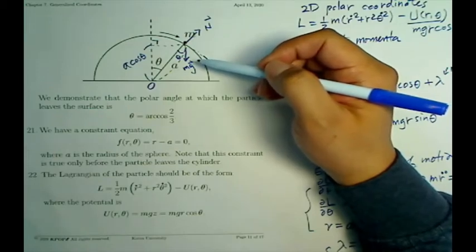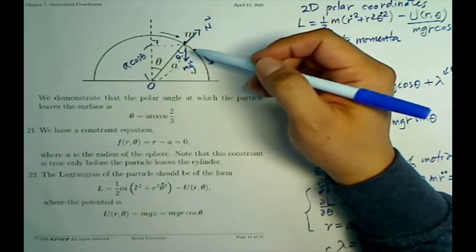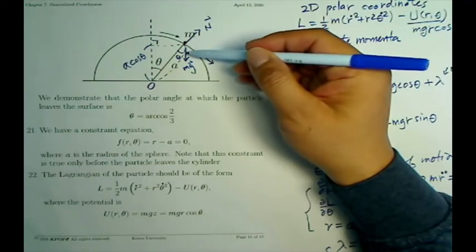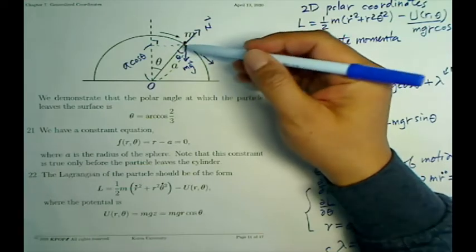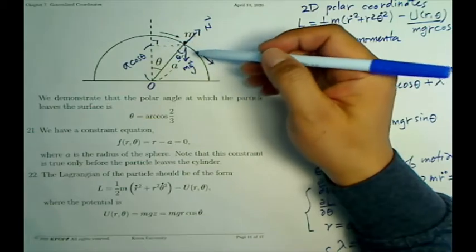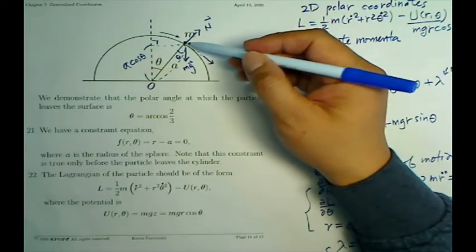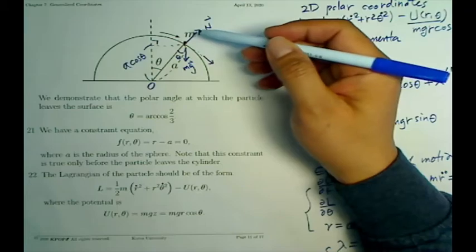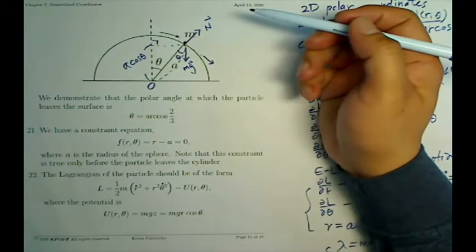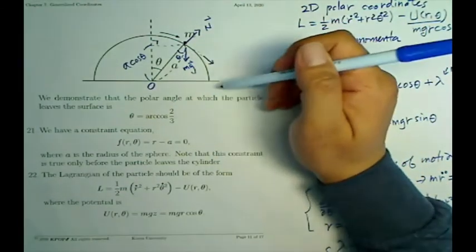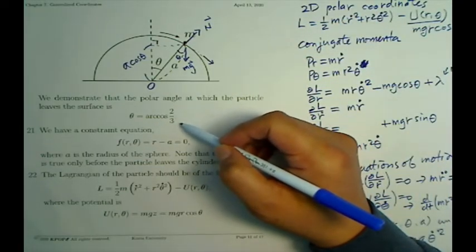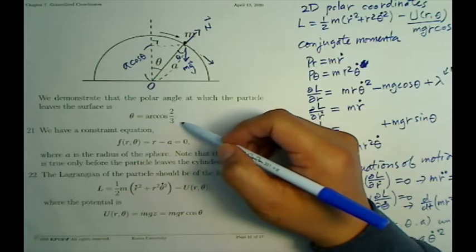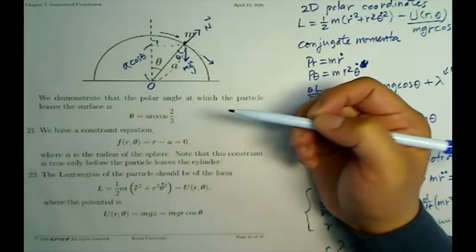If I make use of general physics, what I have to do is just analyze the forces. mg is the gravitational force, and because it is sliding down the surface, there is a constraint force that is called the normal force. And at the end of the day, we'll find that the angle theta is the arc cosine of 2/3.